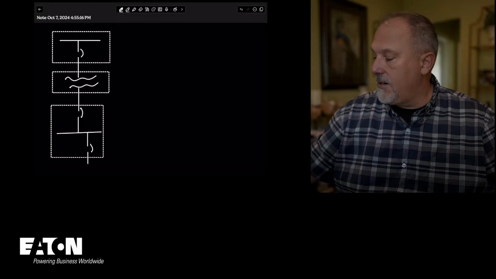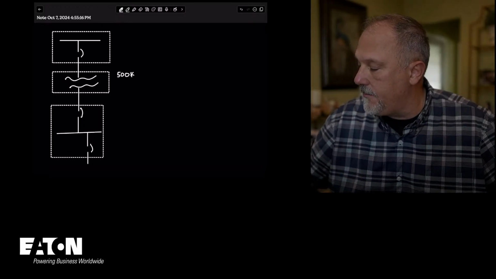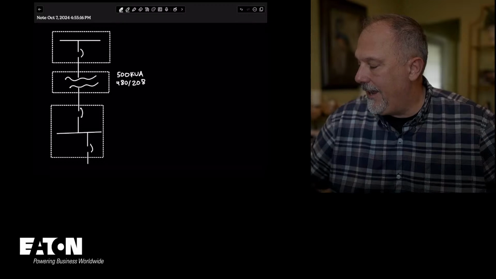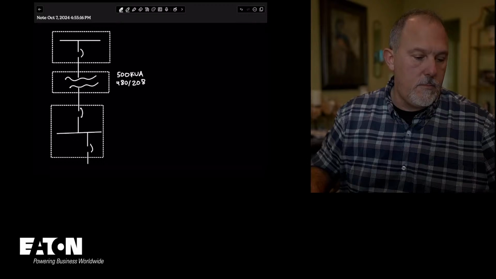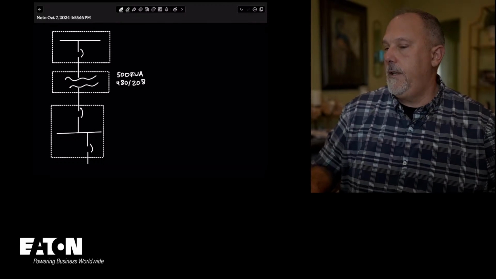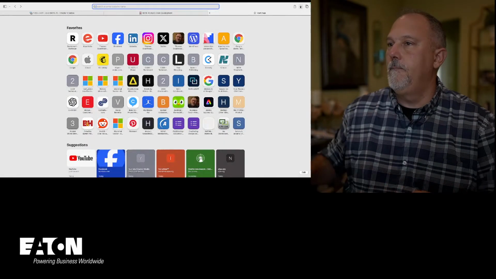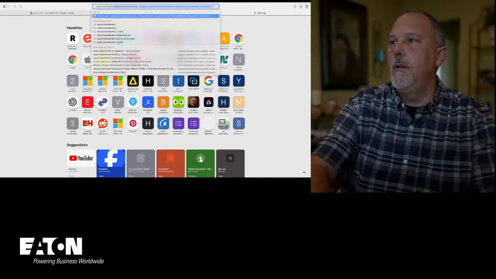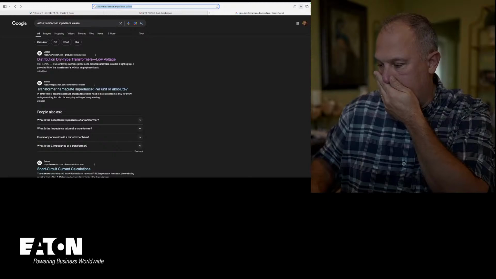All right, so this is our diagram. I've got a 500 kVA transformer. We're going to do 480 to 208. Here's what I'm going to do: I am going to look up Eaton transformer impedance values.